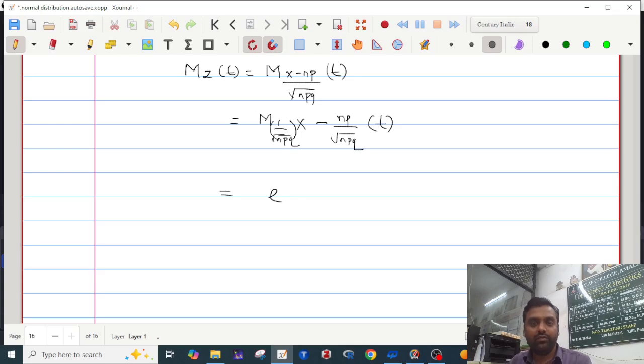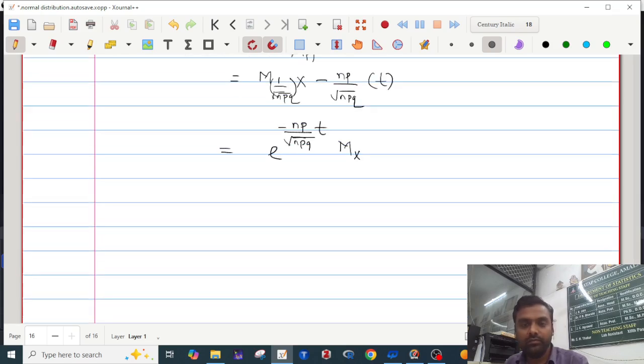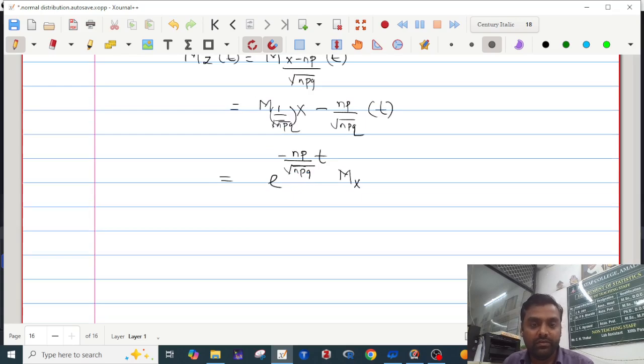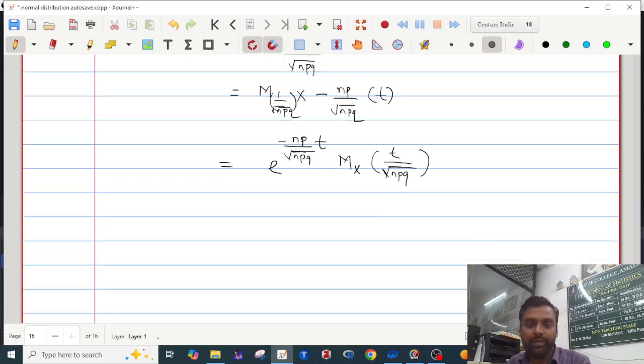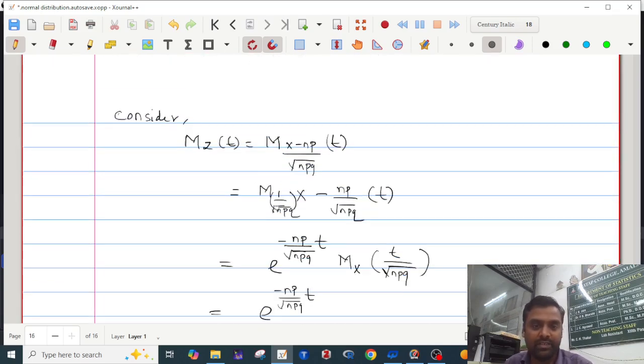It will be e raised to minus np upon root npq times t, times MX of at, where a is 1 upon root npq, that is MX of t upon root npq. Now the MGF of binomial is (q plus p times e raised to t) raised to n.